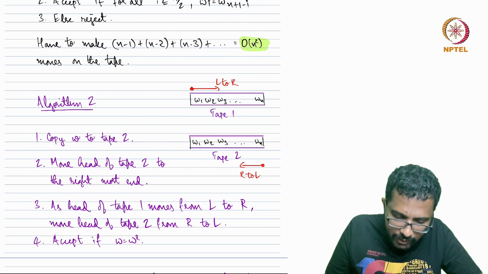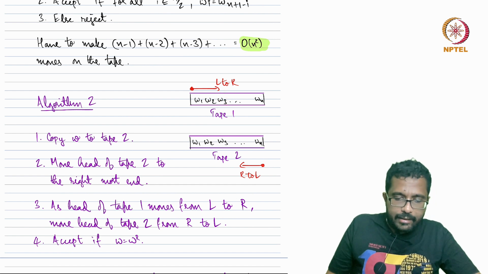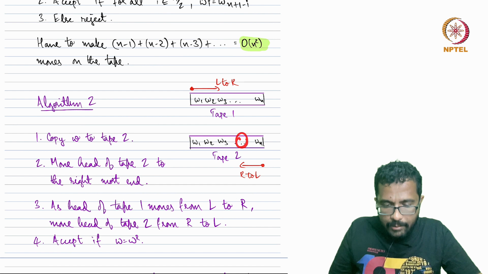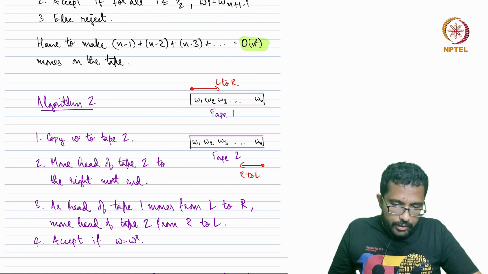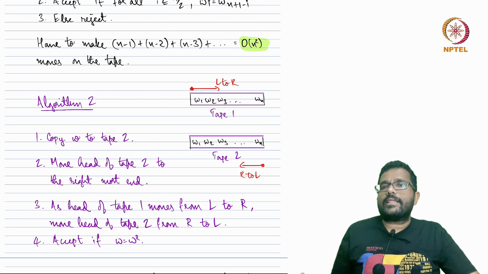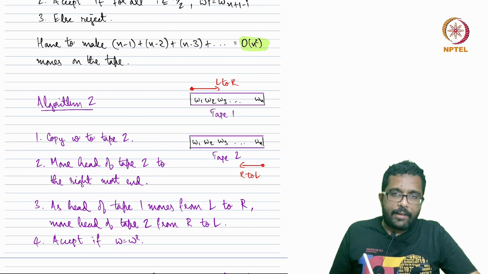And if that is also the same, then we go to the third symbol from the left on tape 1 and third symbol from the right on tape 2, W3 and Wn-2, and so on. Essentially we are just checking the same things, but this approach is faster.